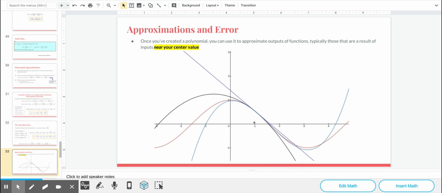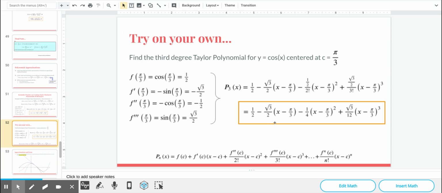I actually centered all of these around pi over 3. So this line over here is x minus pi over 3. The black one is the second degree. All right, so x minus pi over 3 plus x minus pi over 3 to the second divided by 2, so on and so forth. This down here, right? It was this guy.